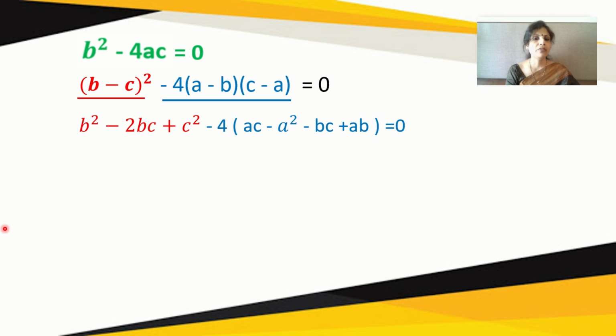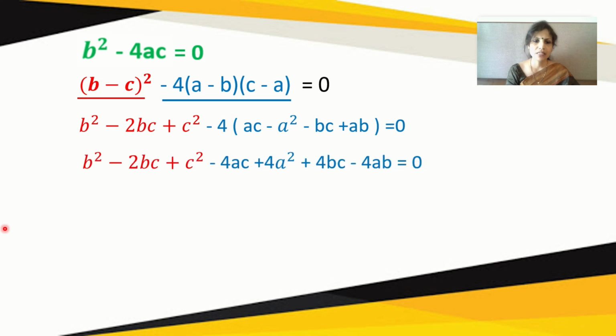Now in the next step we will multiply this 4 with the bracket. So b square minus 2bc plus c square minus 4ac, minus minus will become plus, so plus 4a square, then again minus minus will become plus 4bc minus 4ab is equal to 0.